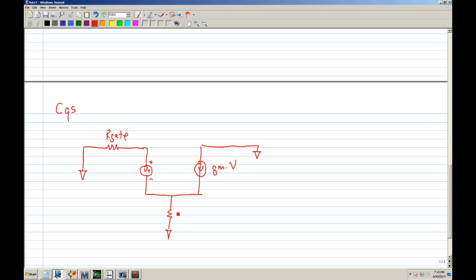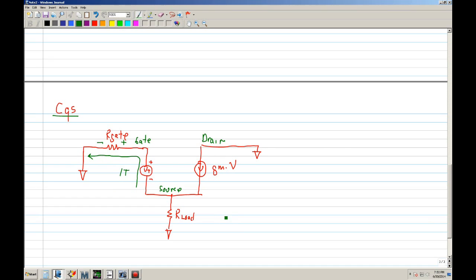And this would be your R load. Okay, so again, let me label this. This would be the gate, drain, source. The test voltage that I inserted where CGS would be develops a current, again goes in this direction, that's IT, and develops a voltage across the resistor.